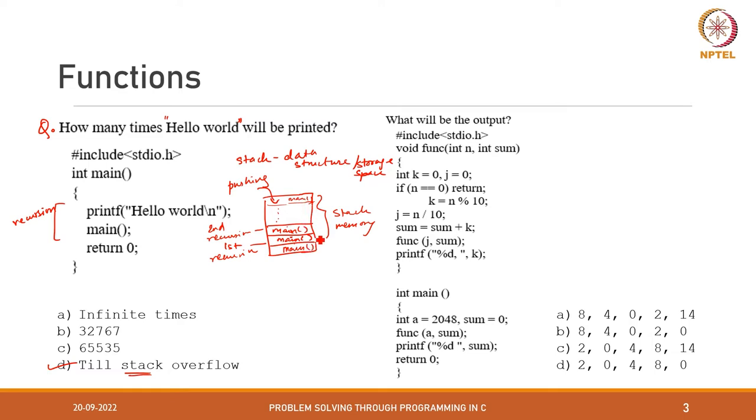If we try to push any more recursions of this main function onto the stack, it will simply say that the stack memory is full and it has overflowed. So this is an unending, non-terminating recursion, which is not advised because it will fill up the entire stack space and the stack will overflow.